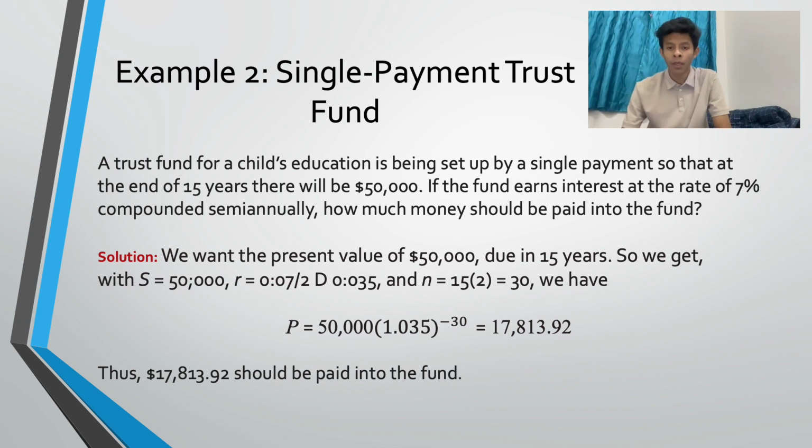We have P equal to 50,000 times 1.035 to the power of negative 30, and the answer is 17,813.92. So 17,813.92 should be paid into the fund.